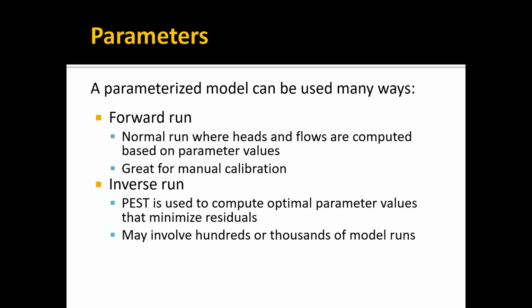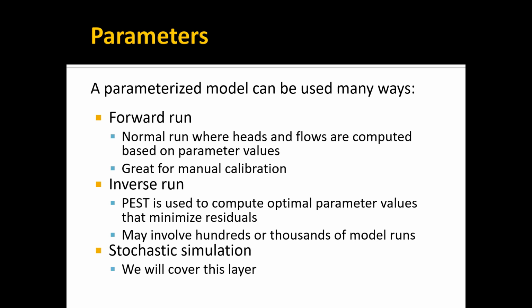So for each PEST iteration, if I had, say, 20 parameters, it would run the model 20 times, sometimes 40 times. Sometimes it tweaks it once per parameter and sometimes twice. And then it comes up with a new set of values and then does another run. So at each PEST iteration, it outputs a new set of parameter values for each of the parameters you've defined.